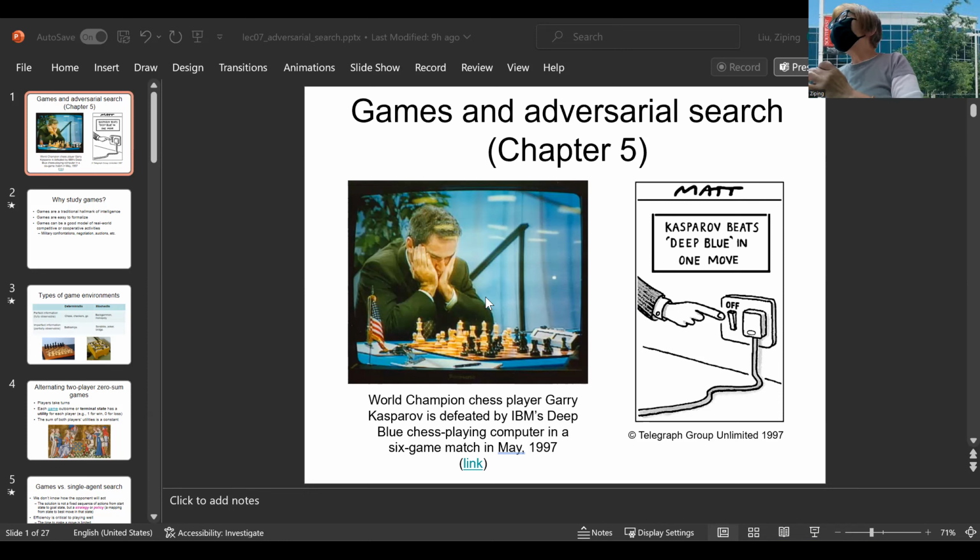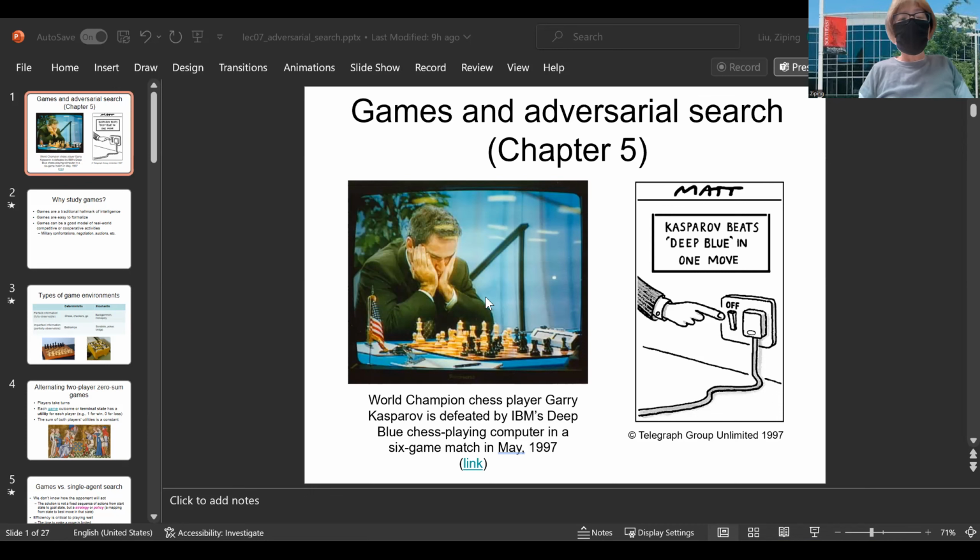Just one agent. Now let's see why we consider games. Games are a traditional hallmark of intelligence, and easy to formalize. Also, games are a good model of real-world competitive or cooperative activities, so it's quite helpful.